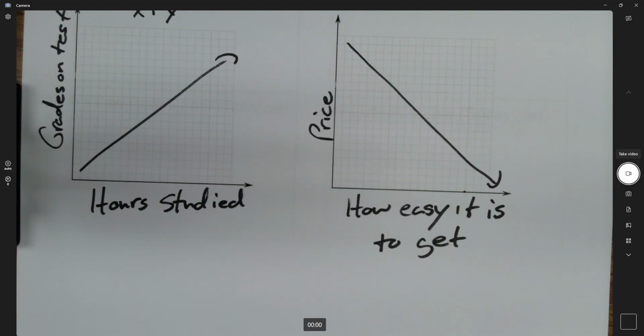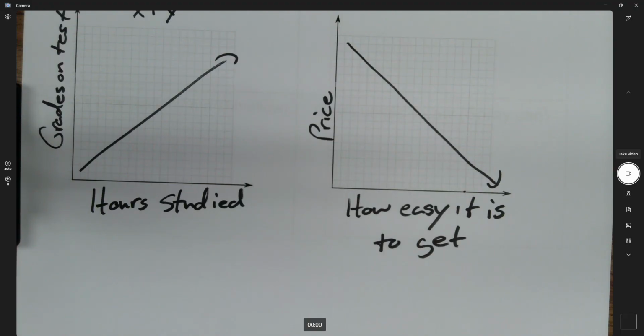And because it's hard to get, what happens to the price? The price goes up. But if I do the opposite: when I was younger, computers were very hard to get a hold of. They were fairly new to being household objects, and they cost thousands of dollars. Today, you can go to Walmart right now and buy a laptop for under $100.